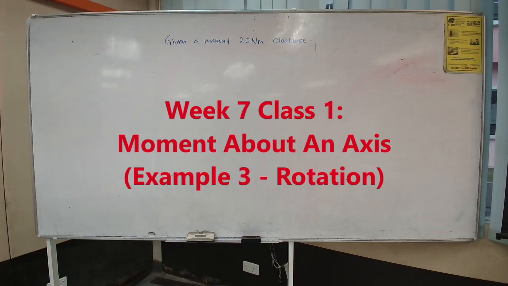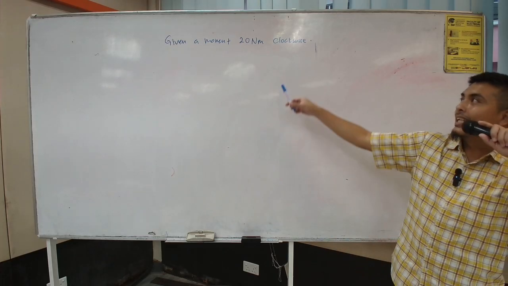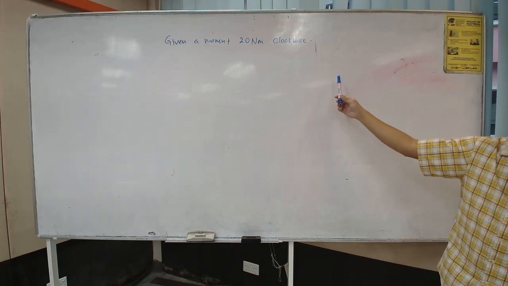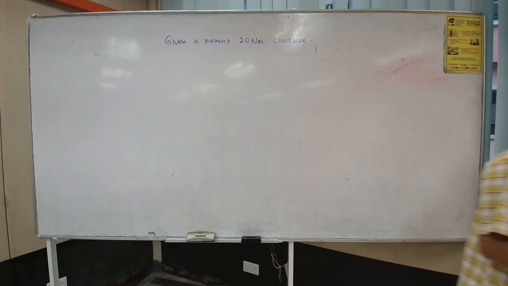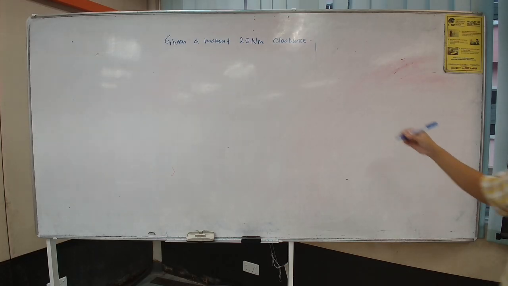Okay, so let's say I am given a moment of 20 Newton meter clockwise. If you want to translate this statement to numbers, what is the value of the moment actually? This is a sentence. If you convert to mathematics, it will become negative 20 Newton meter.